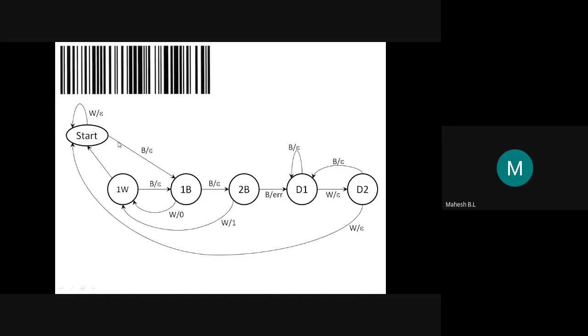Then if a black is followed by another black, followed by white, it is encoded as 1. If we have 3 black columns, it's an error. To correct this error, it must be followed by 2 white columns.